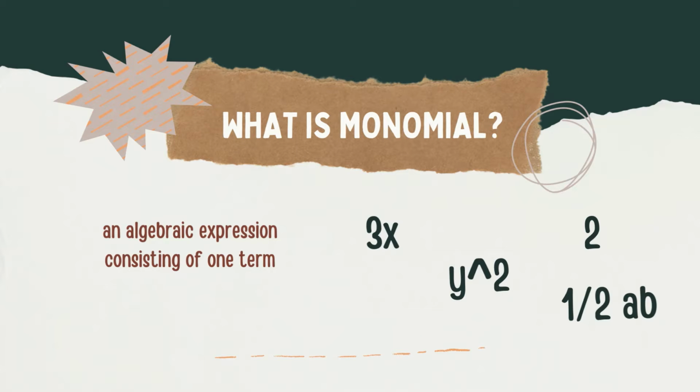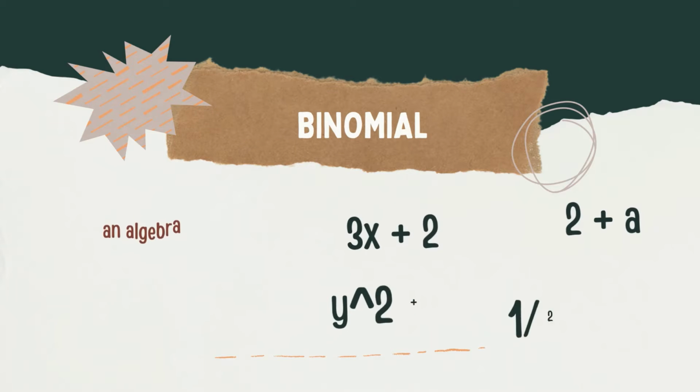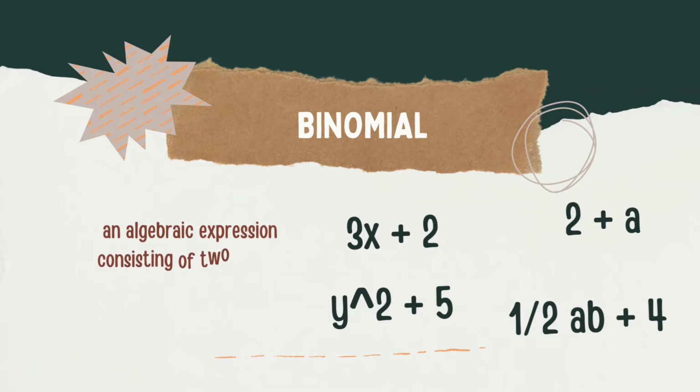Now, if you also have two terms, that is referred to as a binomial. And the word bi means two or twice, like 3x plus 2, or 2 plus a, or y squared plus 5, or even the 1 half ab plus 4. You also can have minus if you wish to.